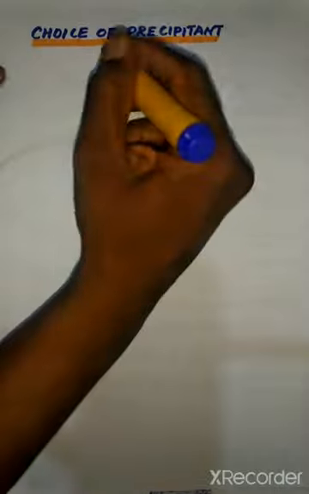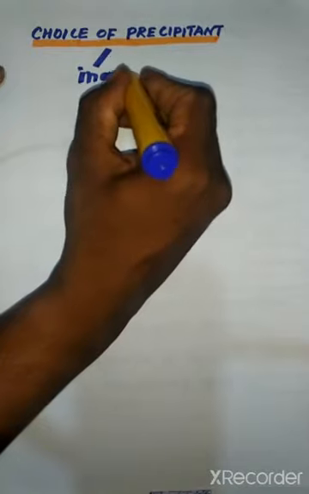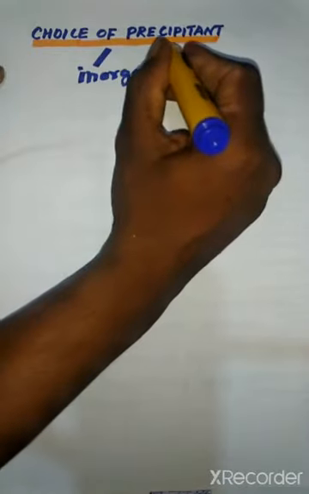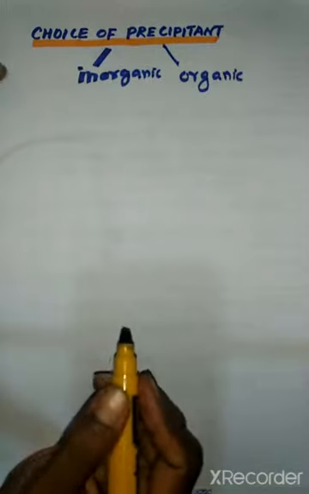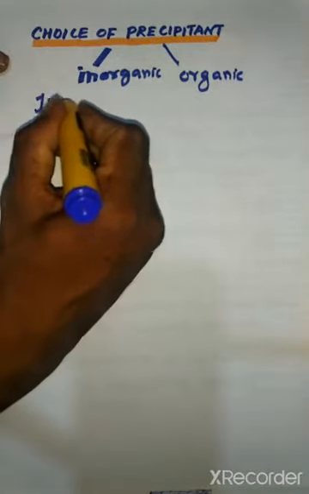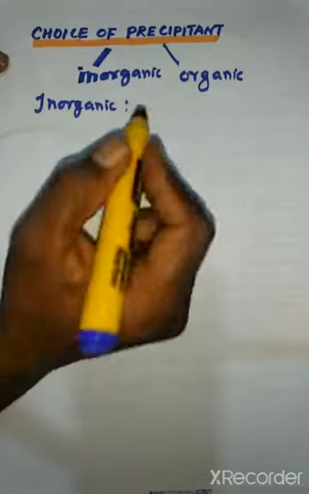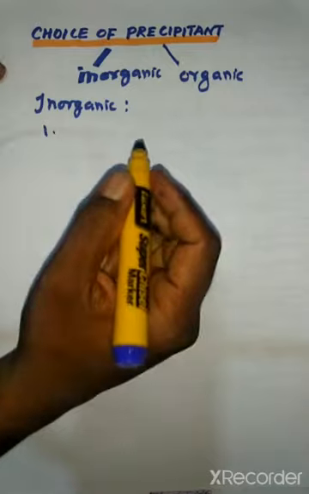Next, the choice of precipitant. Precipitating agents may be inorganic or organic. Let us see some examples of inorganic precipitants.